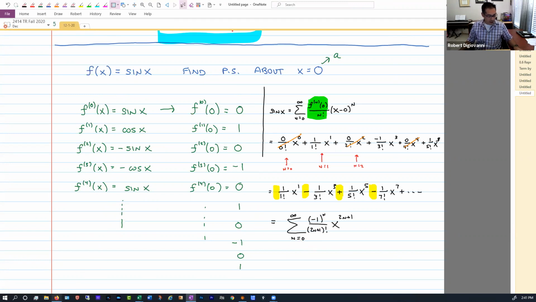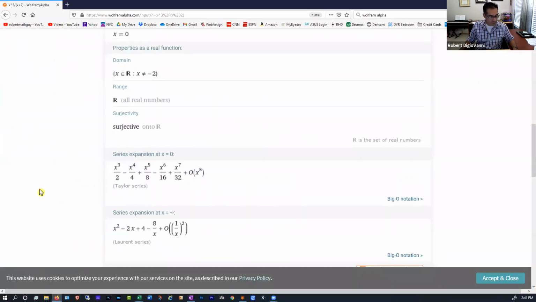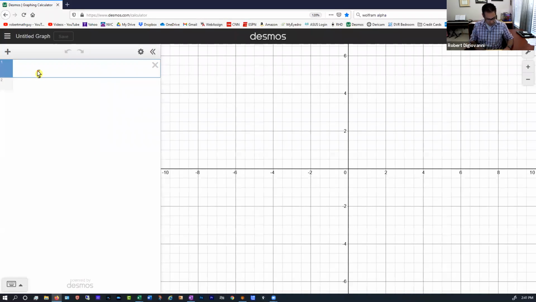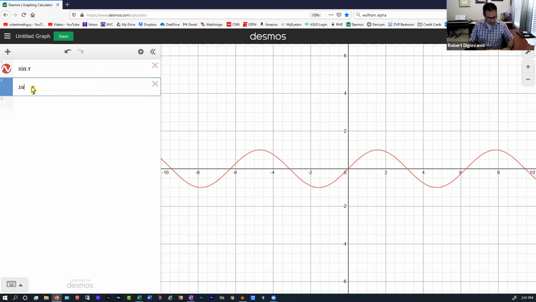Okay, I'm out of time, but I know all of you are enjoying this so much that you want to see it. So here's sine x, the graph. And now we're going to do the series that we just came up with. It was -1 to the n, and then x raised to the 2n plus 1, and then all of that divided by 2n plus 1 factorial.